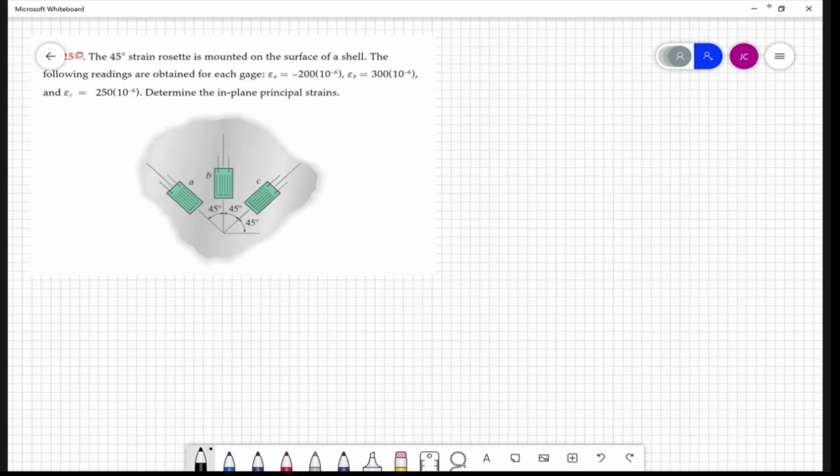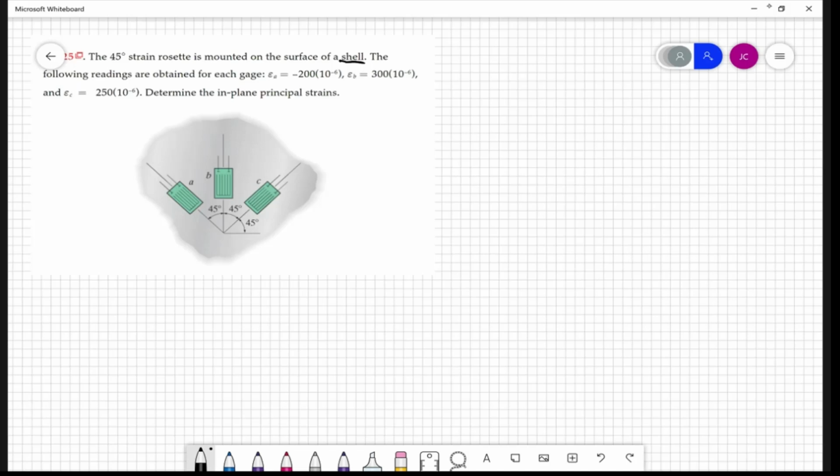So let's do an example here and you can see how it goes. It's not that big of a deal. In this problem, they give you a strain gauge rosette as shown here, and it's on a shell element. So this is like a thin wall pressure vessel, so the assumption is you really only have planar strains, okay?